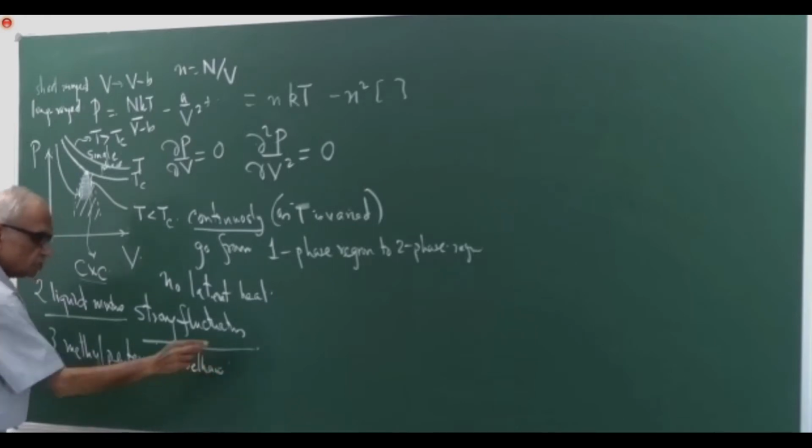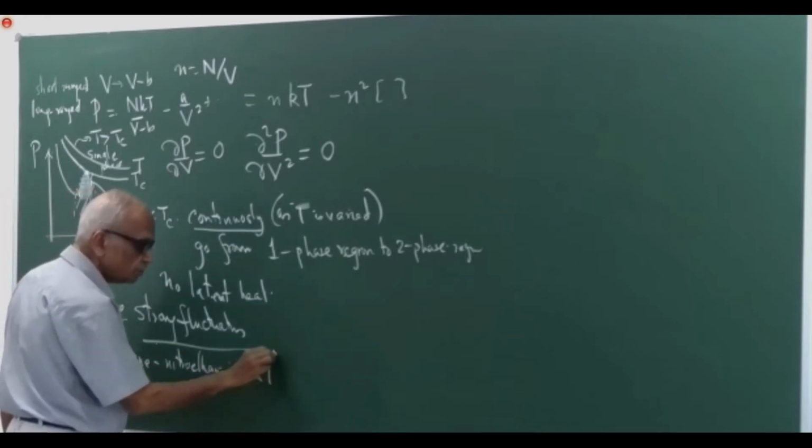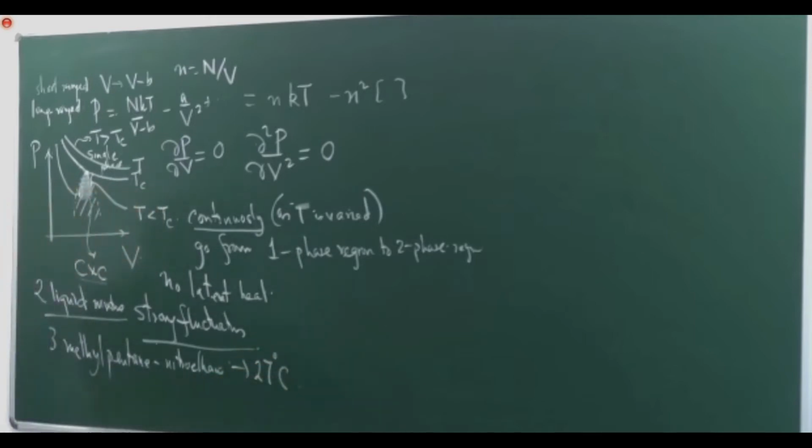So this mixture has a critical point of 27 degrees centigrade, and therefore is very good to work with. Actually, if one makes the right concentration mixture, one can demonstrate this trivially in class.